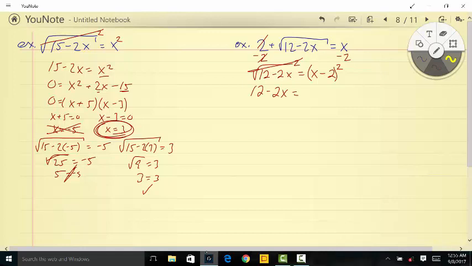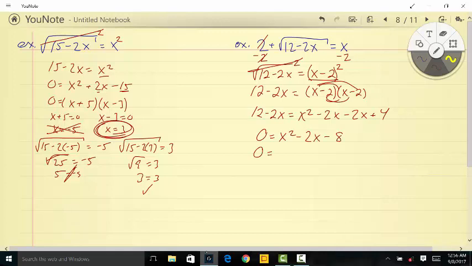On the right-hand side, to square x minus 2, we're going to have to write it out twice, and then use FOIL. So we get 12 minus 2x is equal to x squared minus 2x plus 4. Moving everything to one side gives us x squared minus 2x minus 8.